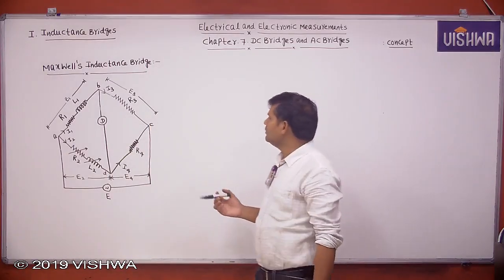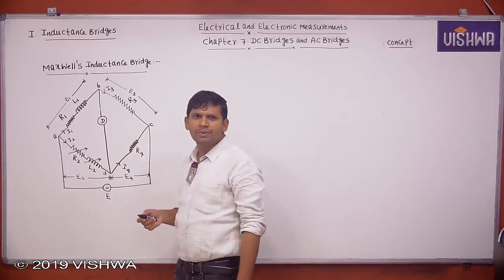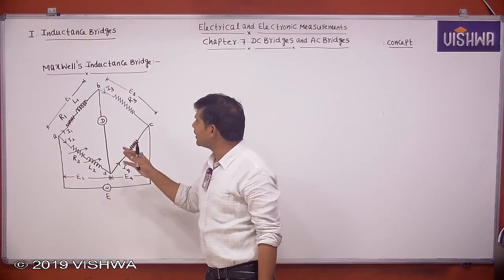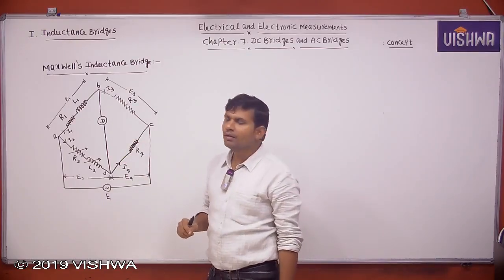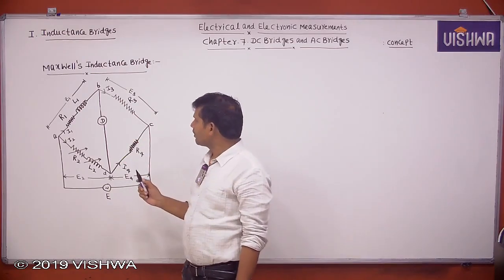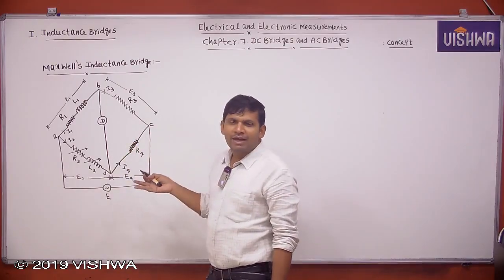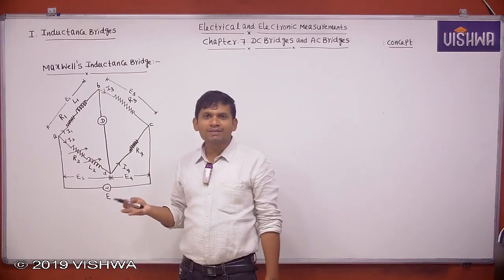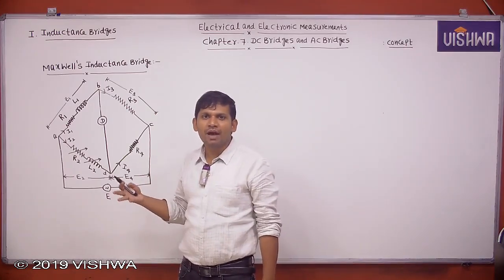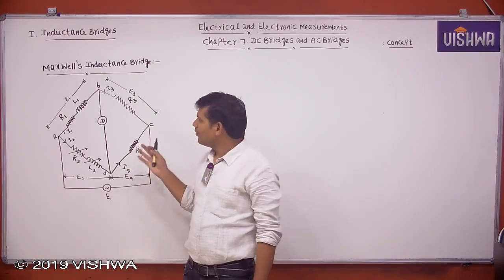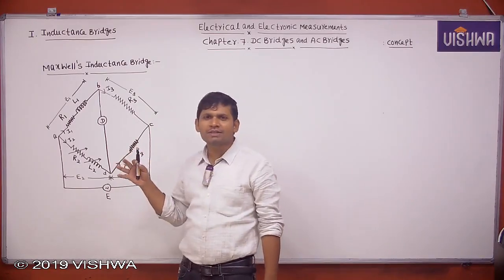Throughout each bridge discussion, I will discuss like this only. First, I will draw the bridge circuit. Then, at balance, I will derive the balance equations. Balance equations means representing unknown values in terms of known values. From this, the questions are asked.